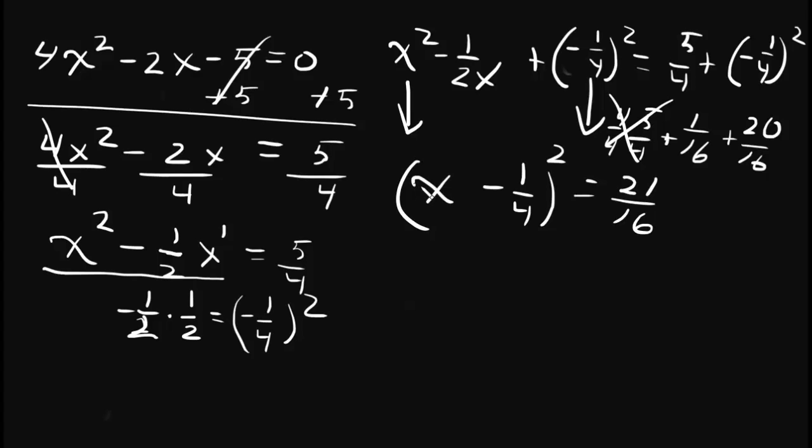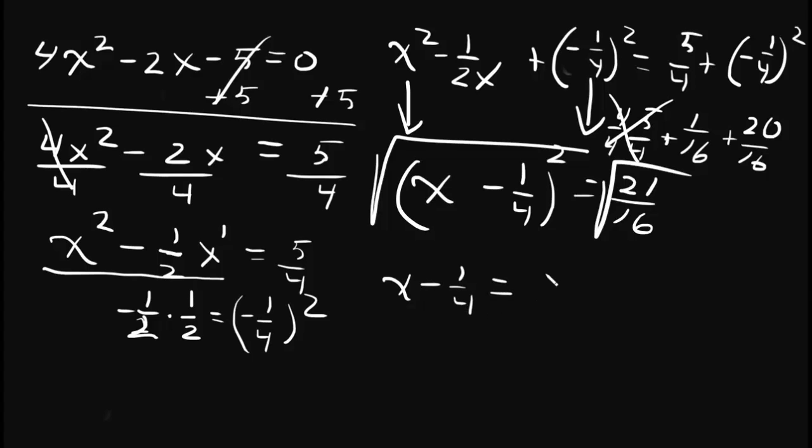Now our goal is to find out what x is worth. So we want to put everything which isn't x on the other side of the equation. The best way of clearing the situation we have here, where x is in parentheses and that is squared, is to take the square root of that and the square root of the other side of the equation as well. The x minus 1/4 squared becomes x minus 1/4, and that's equal to the square root of 21 over 16.